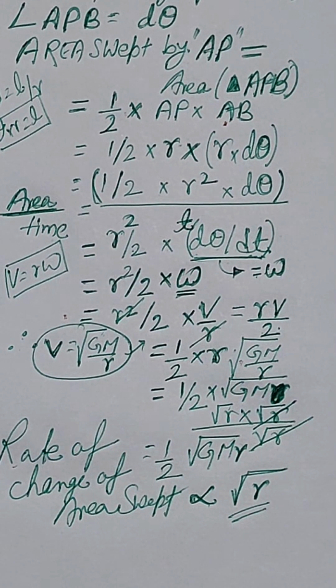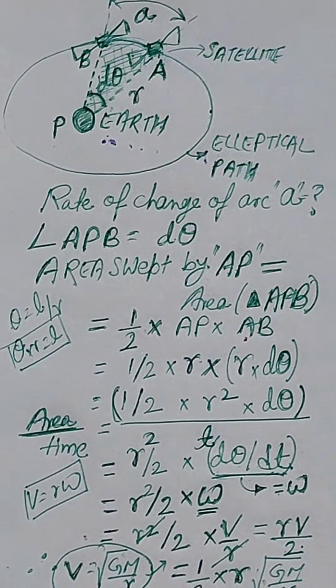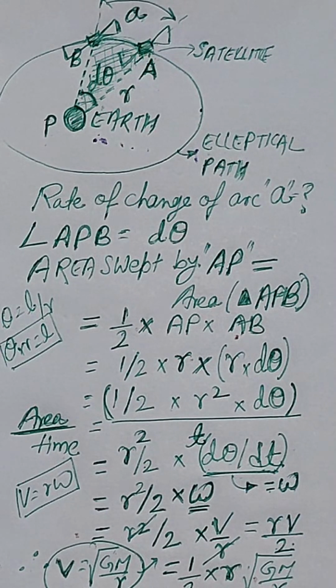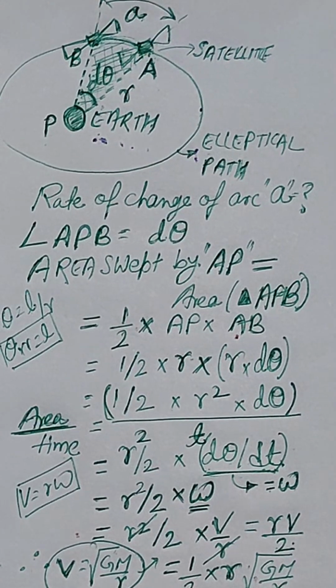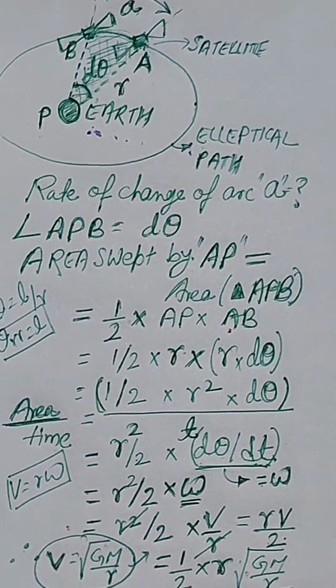Now if you want, we can take another question for today's session. The question for today, second question: we have two vectors A and B of equal magnitude.